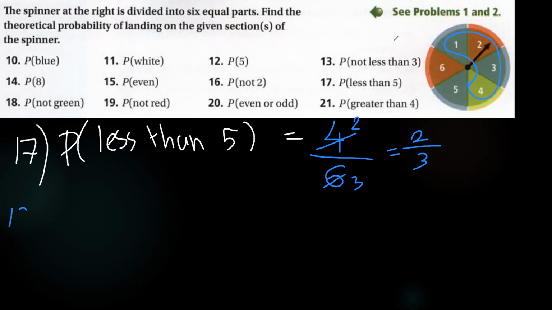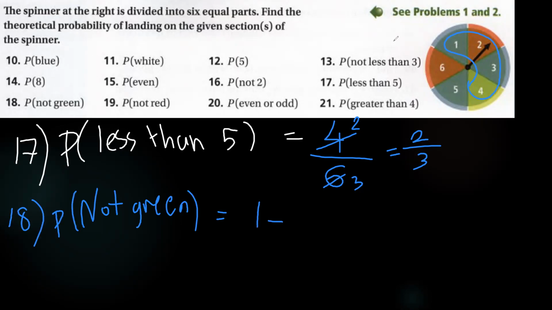Now, number 18. Probability of not green. When you see the word not, what do you have to do? 1 minus the probability of getting green. Bravo.